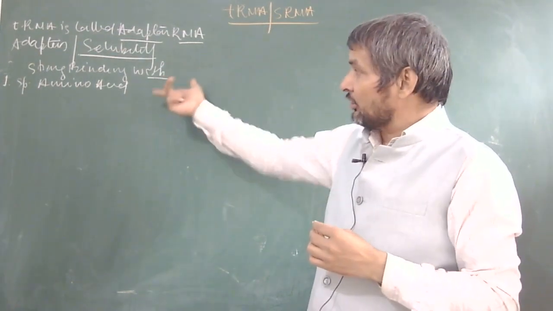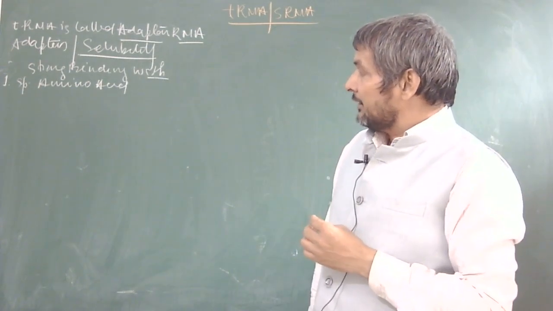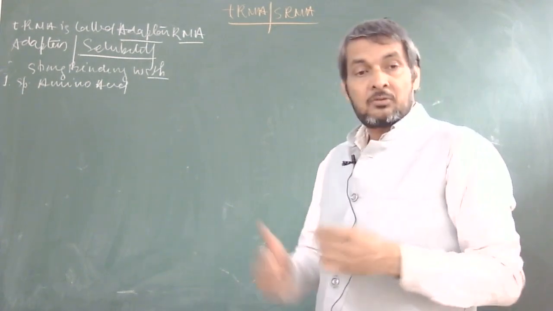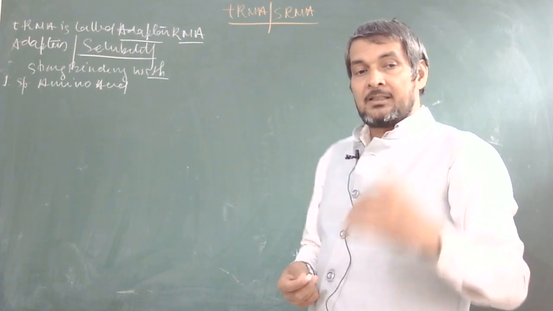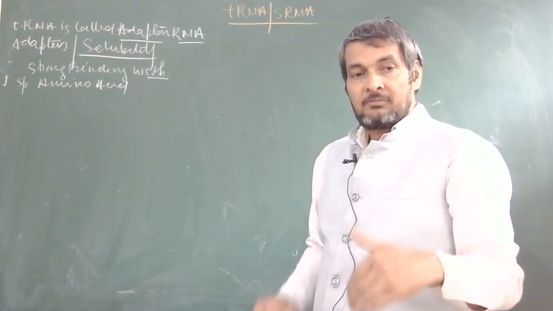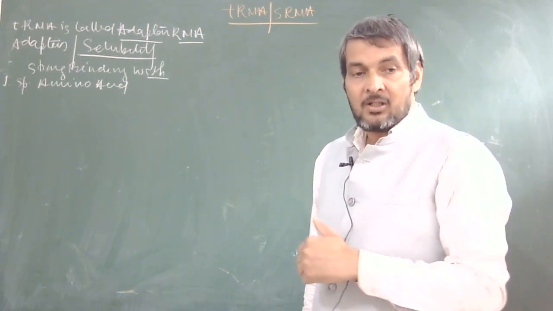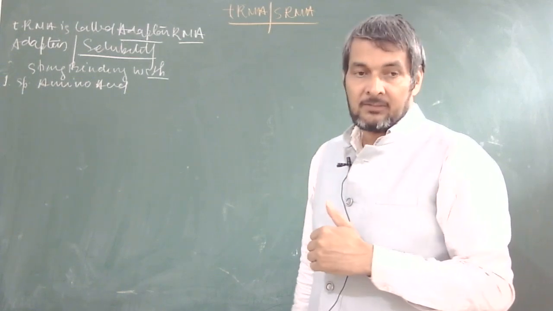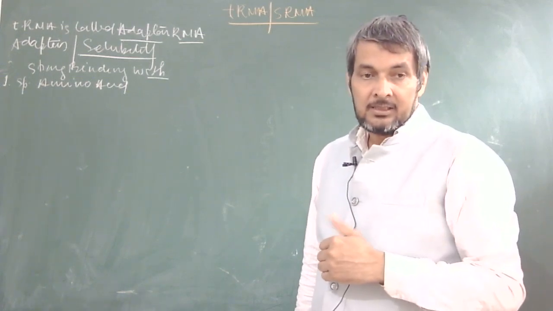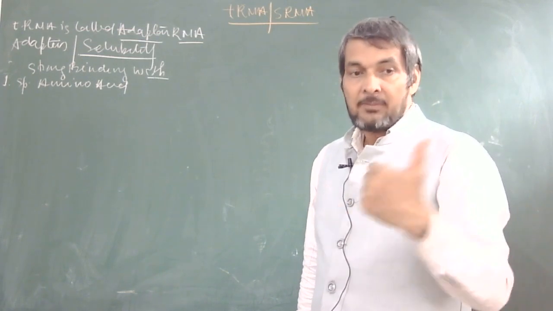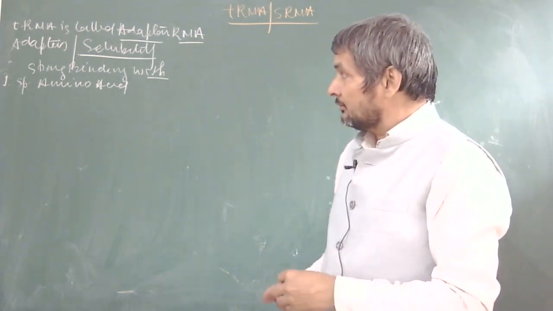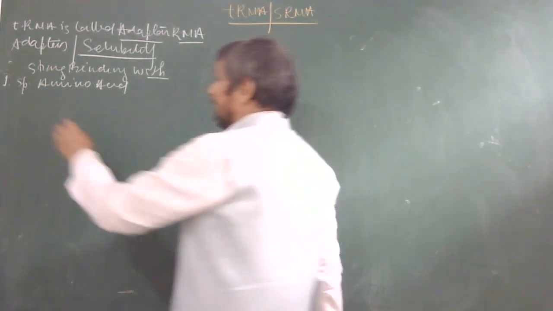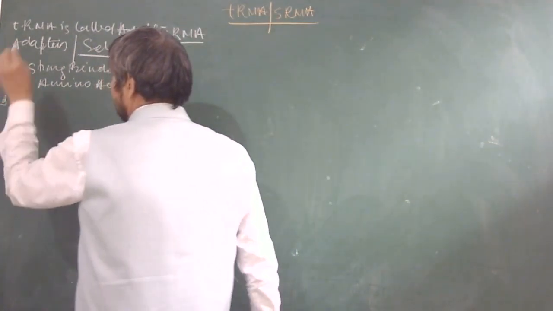So they have a strong binding affinity with the amino acid. There are 20 different types of amino acid, and these amino acids bind with the transfer RNA as per the genetic information transferred to the third end of the tRNA.